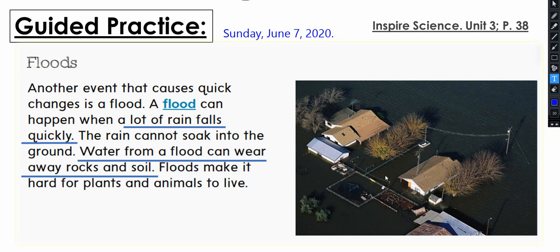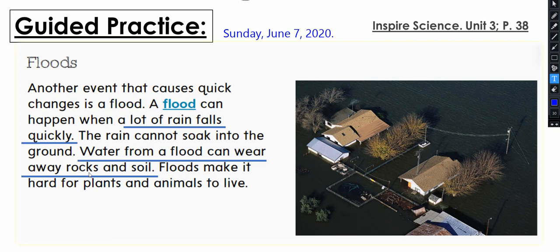So what happened in this picture? It's a flood. It usually happens when a lot of rain falls quickly, so the ground cannot soak all the water in. So then it forms a flood. The water from a flood can wear away rocks.